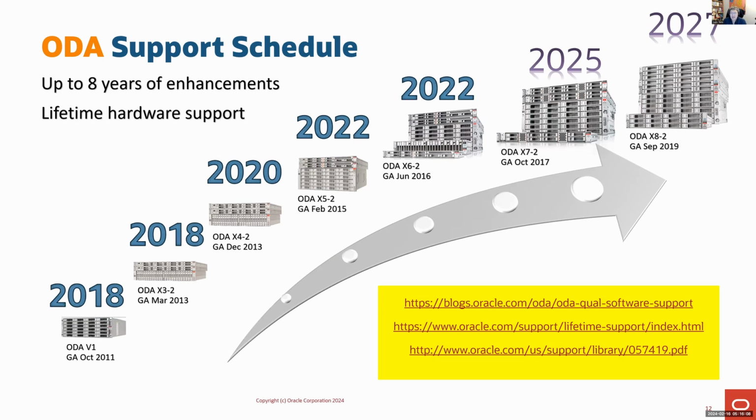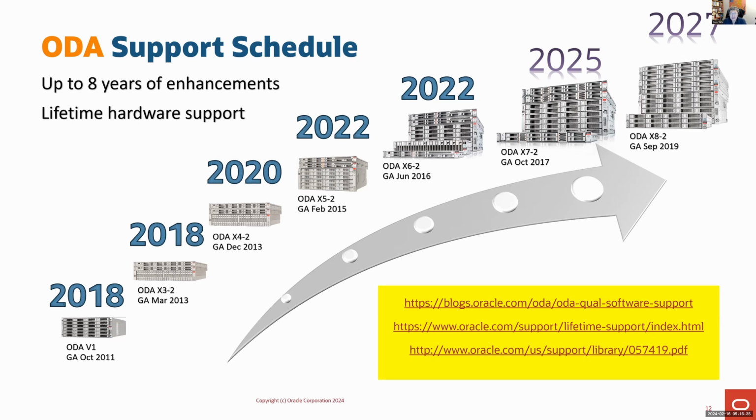As an example, if you had purchased an ODA X7, which we released in October of 2017, you would still be getting software updates, new features, and new capabilities today. You will be able to run every single piece of software and ODA release improvement that we have shipped since October 2017 until about 2025.